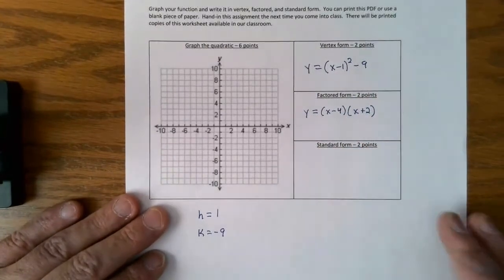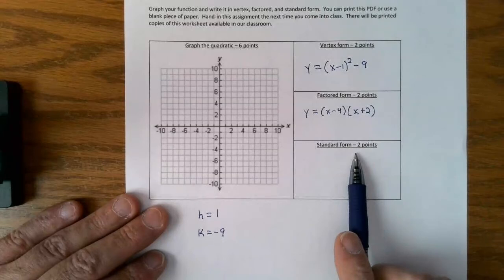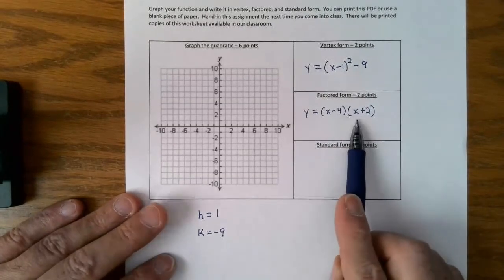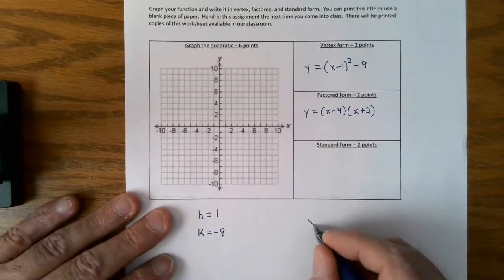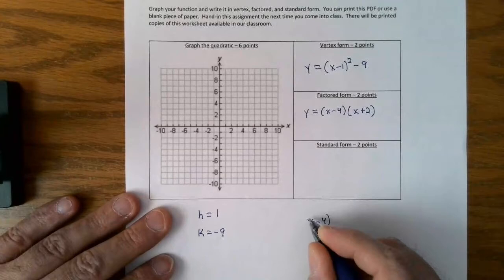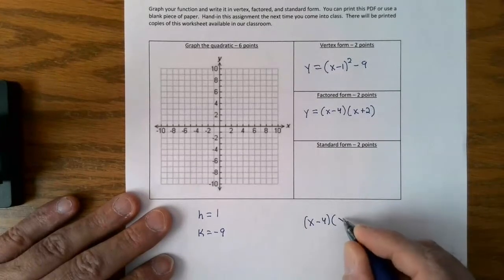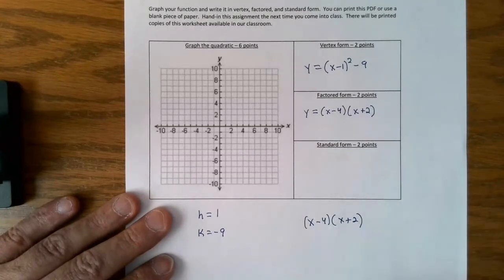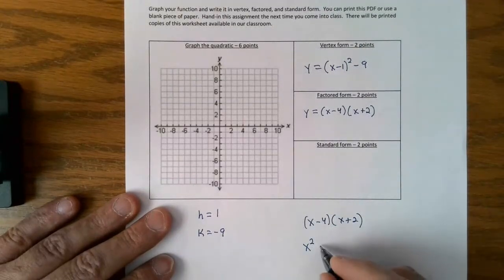Okay? Now we do need standard form. So let's just multiply this one out right here. All right? X -4 times X plus 2. All right, X times X is X squared. X times 2 is 2X. -4 times X is -4X.